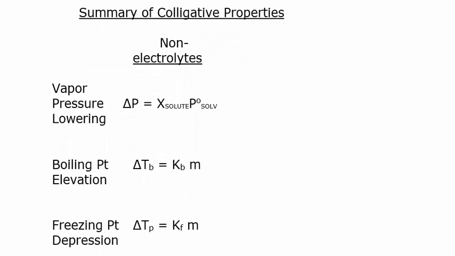But first let's look at the non-electrolyte solutions again and look at what the concentration unit is in each of them. And this is the concentration of the solute. They each have some sort of unit of concentration in them. Vapor pressure lowering has chi solute, which is the mole fraction.